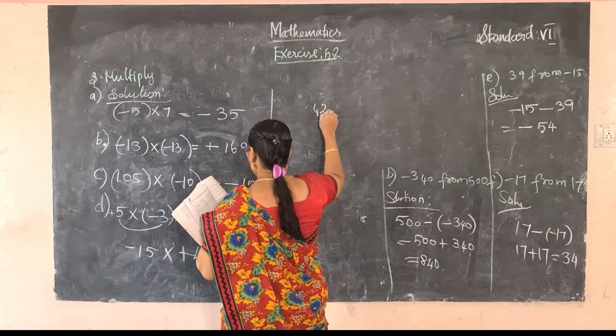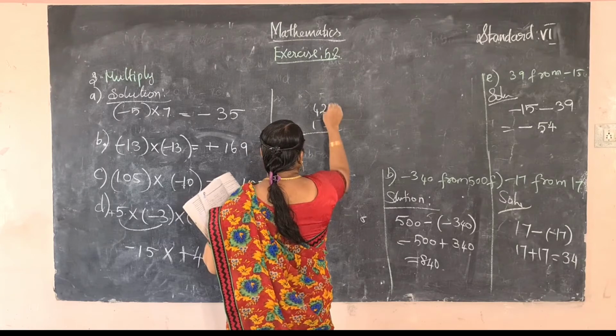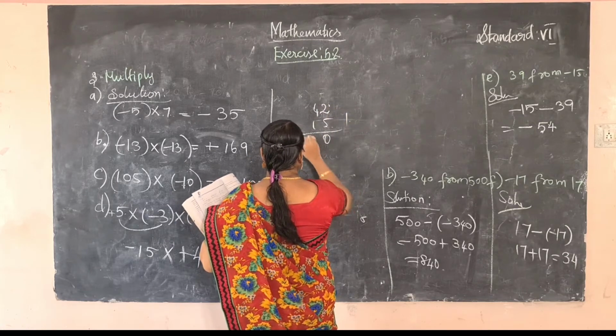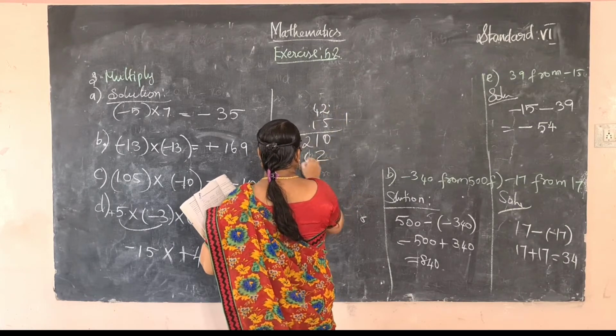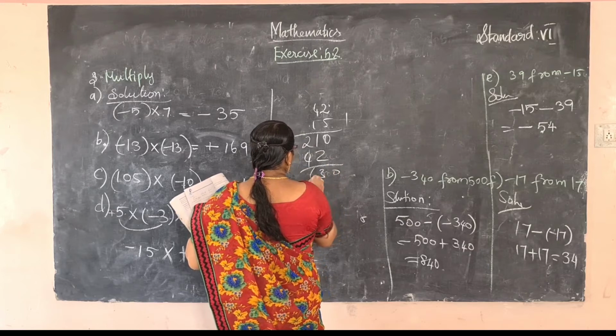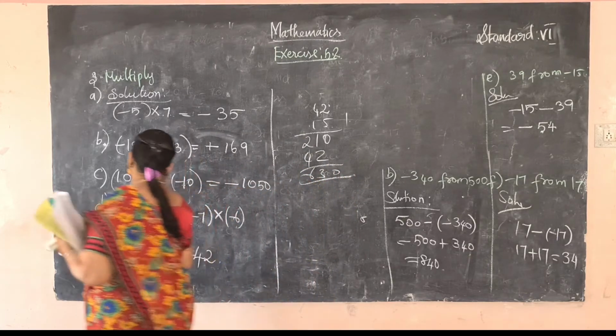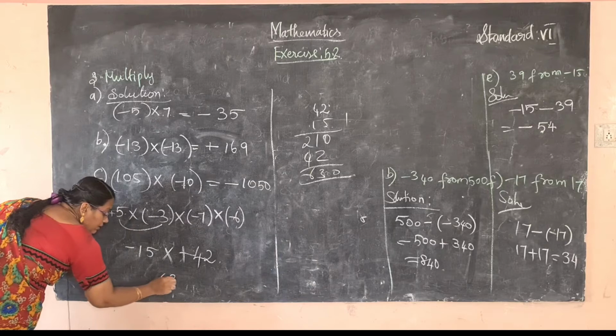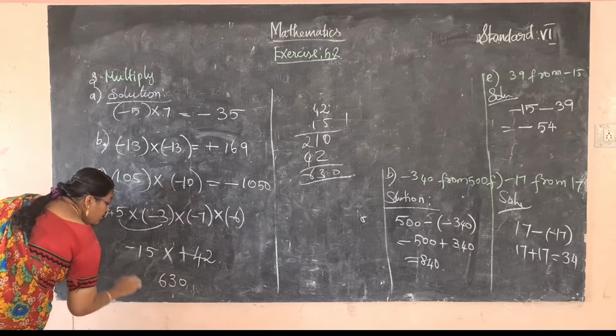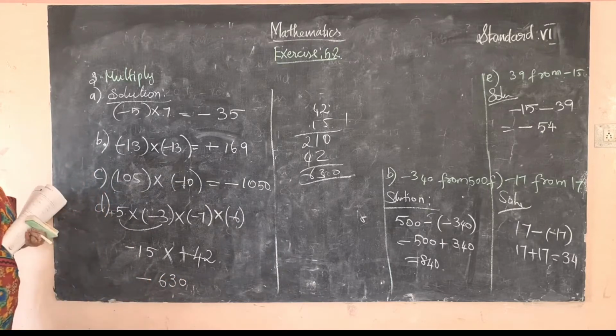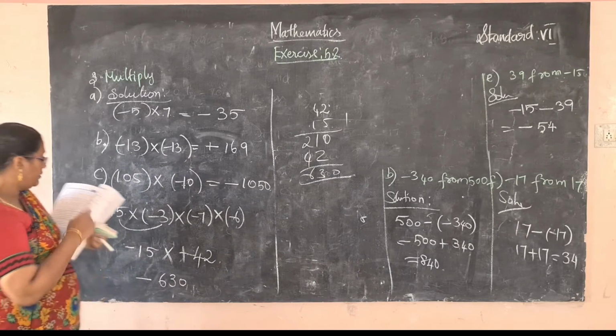So 42 into 15. 5 2s are 10, 5 4s are 20 plus 1, 210, 630. So answer is 630, minus into plus minus. So answer is minus 630.